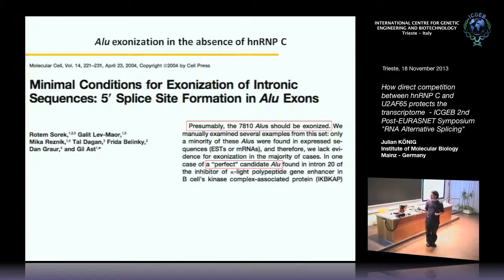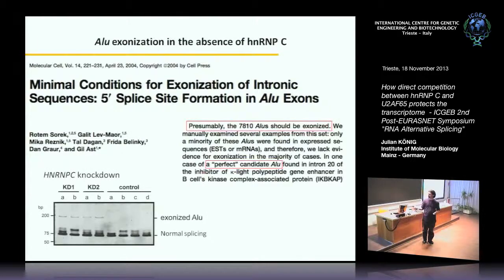And so we wanted to test that, and for an initial experiment we chose this perfect candidate from this study, the ICGEB gene that you heard about before, and we did RT-PCR on it. In the control there's no inclusion of the Alu exon, but in the hnRNPC knockdown we observe a very slight inclusion of this Alu element within the ICGEB gene.